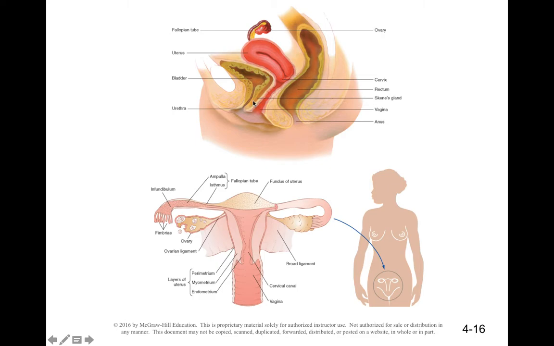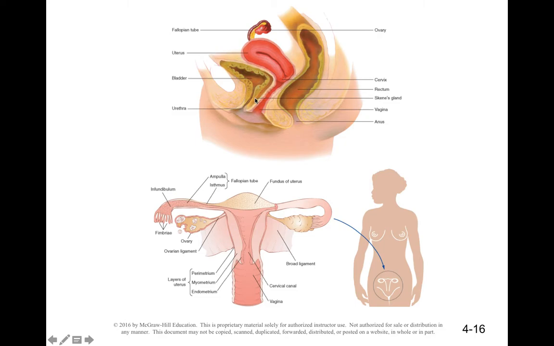Here is the bladder, right, with the urethra, and with the entrance to the urethra right here, the pee pipe on a woman. Here's the uterus, right? You'll notice that the uterus is sitting where? Yes, on top of the bladder.